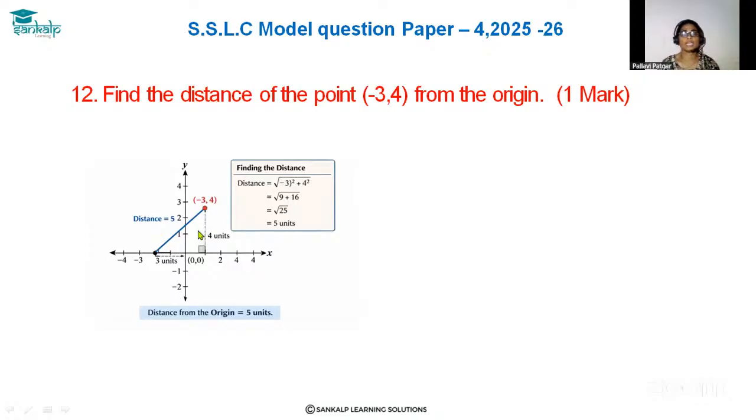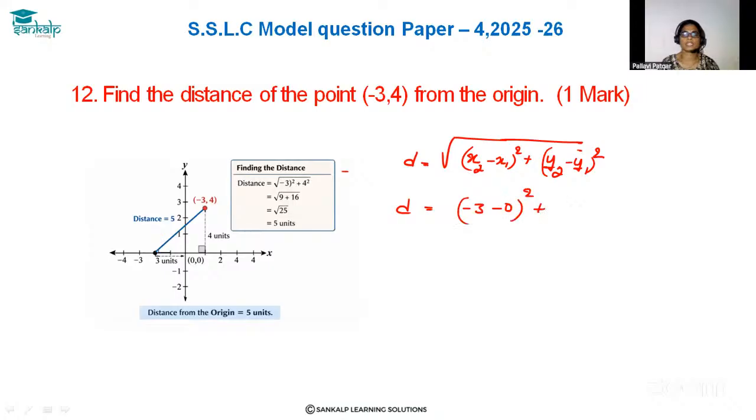So here the distance formula is d is equal to square root of x2 minus x1 whole square plus y2 minus y1 whole square. So here x2 is minus 3 minus x1 is 0 plus y2 4 minus 0 whole square root.